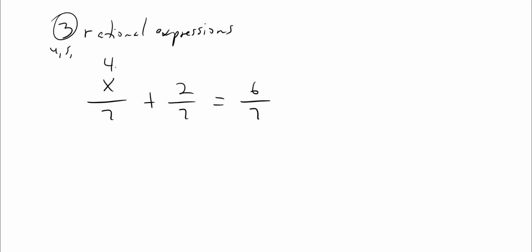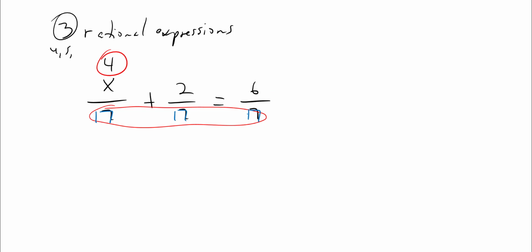So here's the deal. See how I have a 7 here? What if I change this? You told me the answer was 4, right? What if instead of sevenths, I said 17ths, and I said, how many 17ths plus 2 17ths give me 6 17ths?